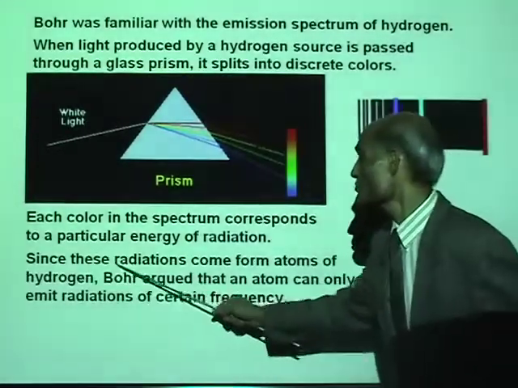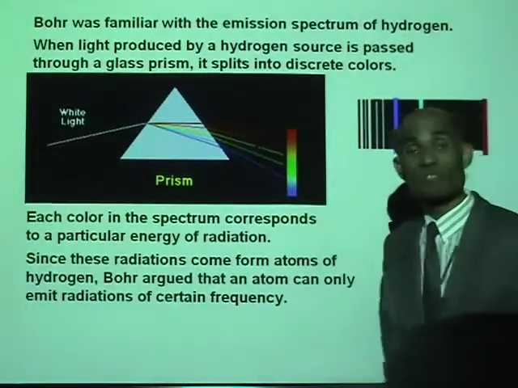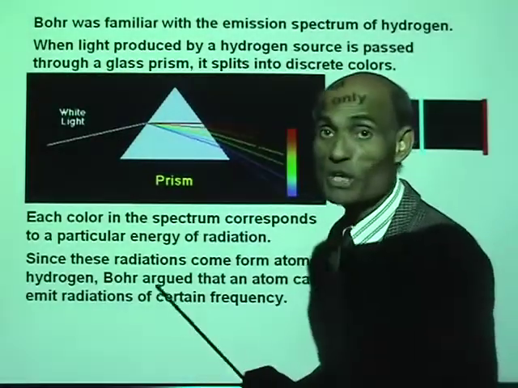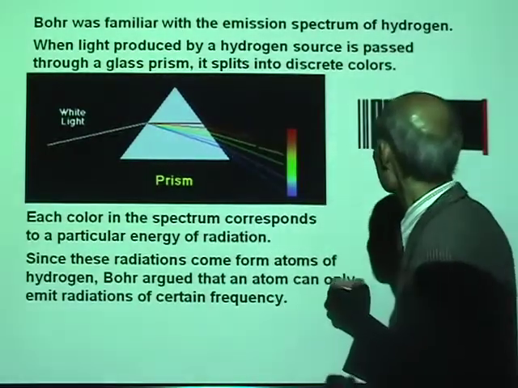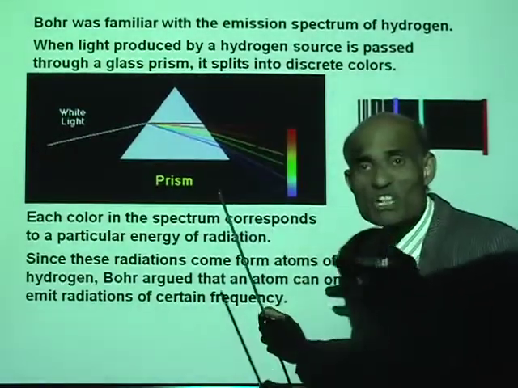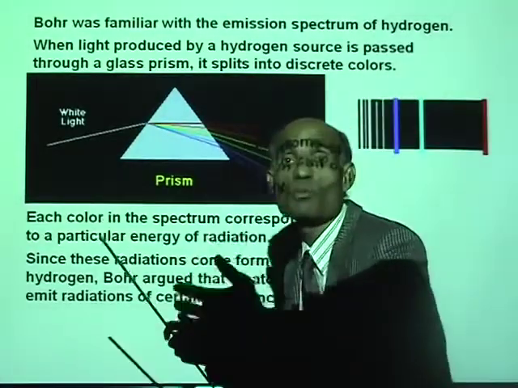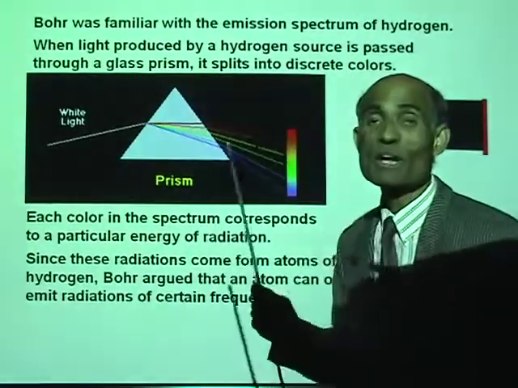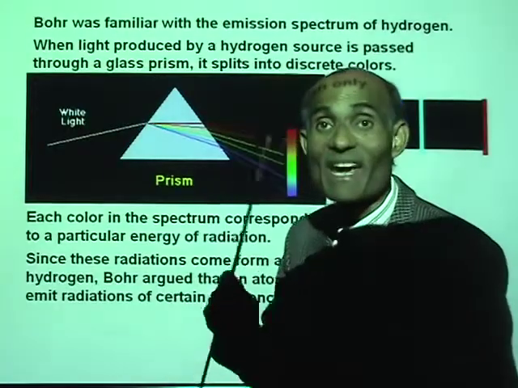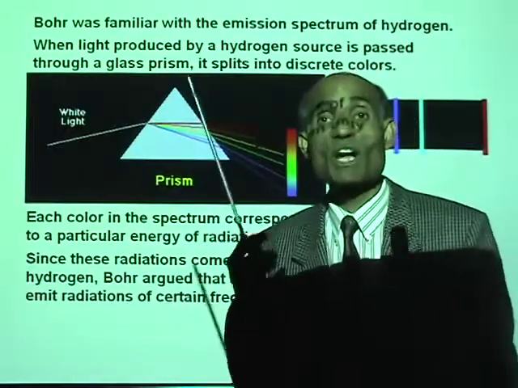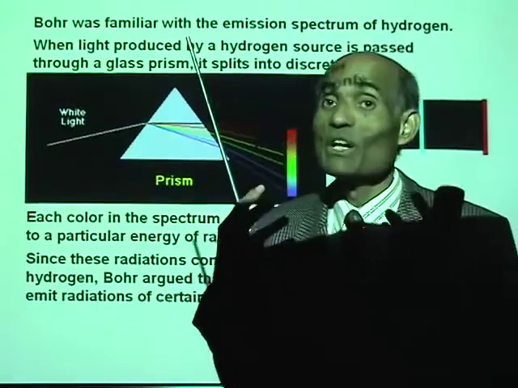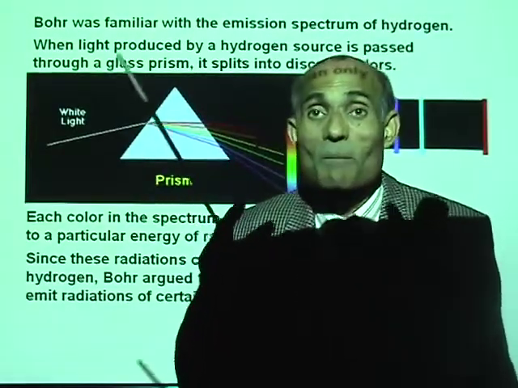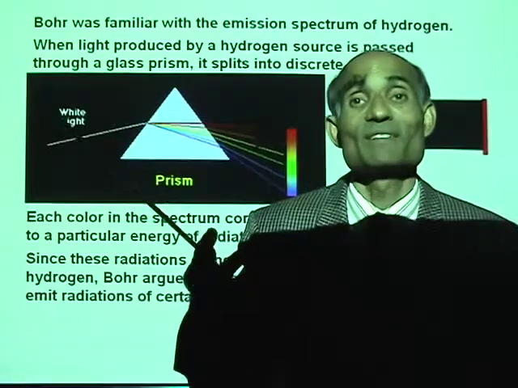Now, since these radiations come from atoms of hydrogen, you see, these radiations, red, that is low energy, blue, that is a little higher, purple, which is a little higher still, each of these different energy radiations come from the atoms of hydrogen. Then the structure of the atom must have something to do with it.